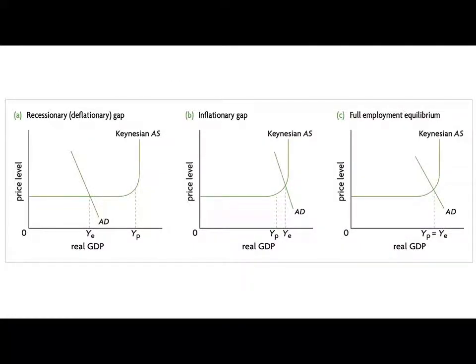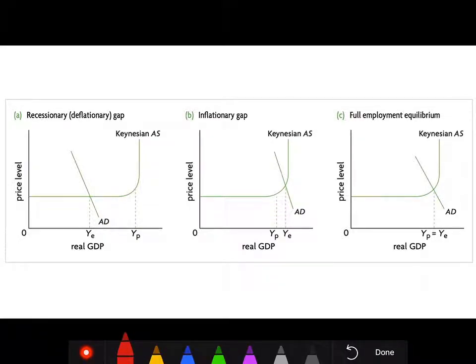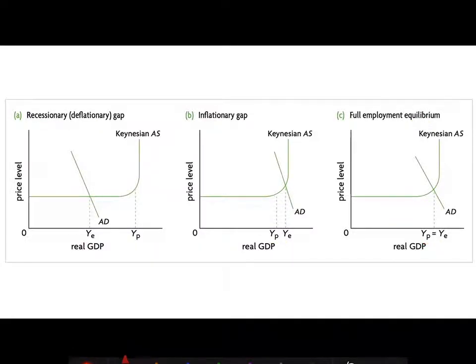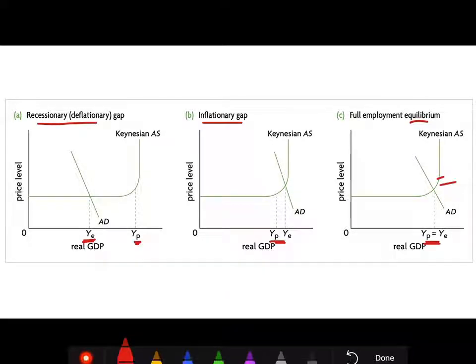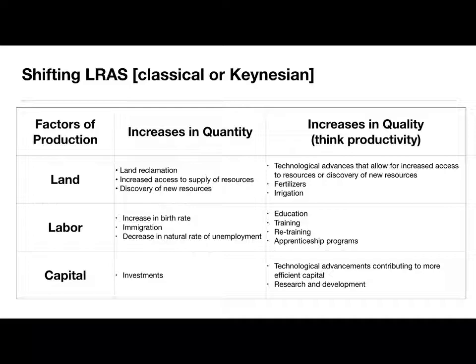And we can see, again, the same sort of language is used here: recessionary gaps, inflationary gaps, and equilibrium when the same conditions occur as we saw with the short-run aggregate supply. All right, so again, we'll come back to Keynes more tomorrow.